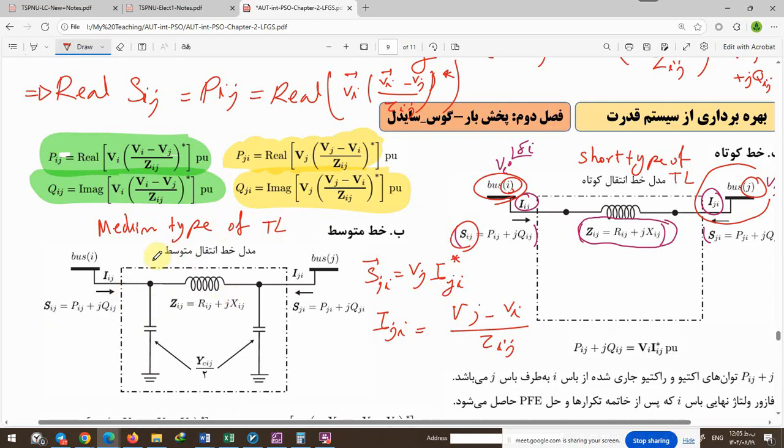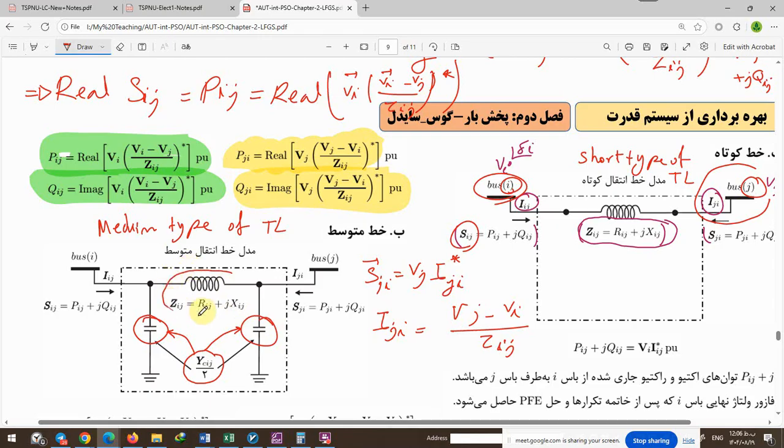In the medium type, we have to divide the capacitor between the beginning and the end of the transmission line, with half of the whole admittance at this location and half at the end of the transmission line.